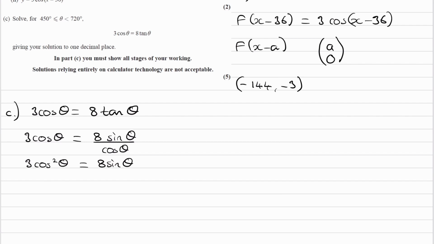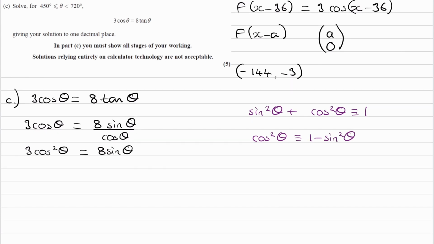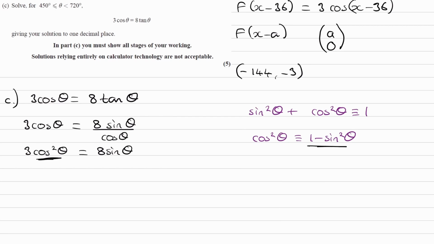If we consider the identity, sine squared theta plus cos squared theta is 1, and rearrange for cos squared theta. Now we can replace the cos squared theta with what we have here, 1 minus sine squared theta, and we end up with 3 times 1 minus sine squared theta is equal to 8 sine theta.